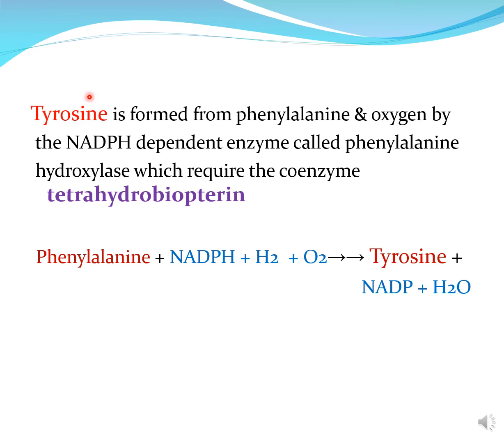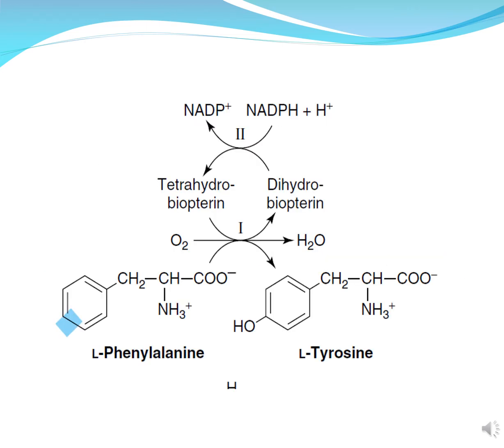Tyrosine is synthesized from phenylalanine by an important enzyme called phenylalanine hydroxylase, and this enzyme requires a coenzyme called tetrahydropterin. This is the diagram showing this reaction.